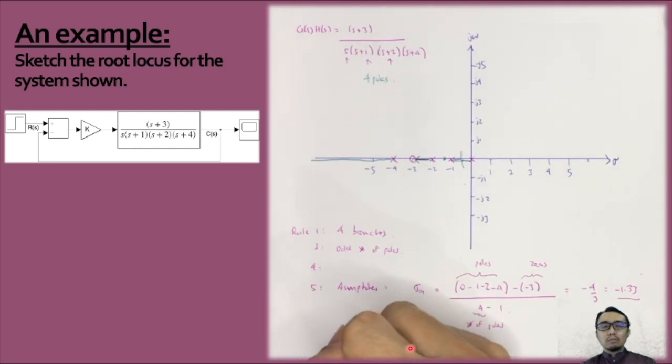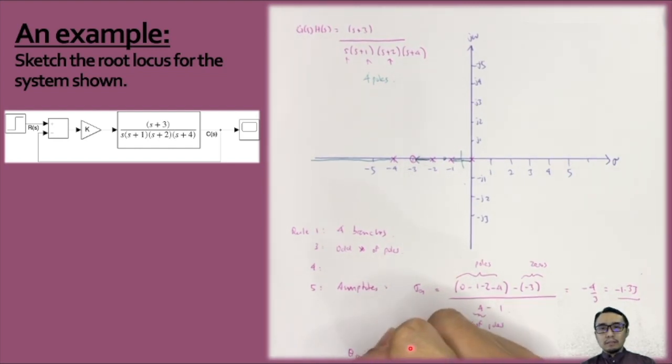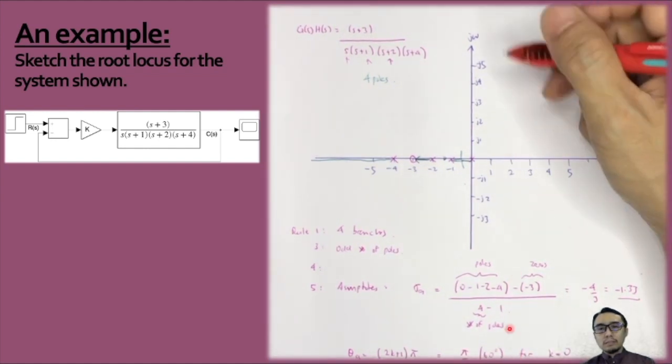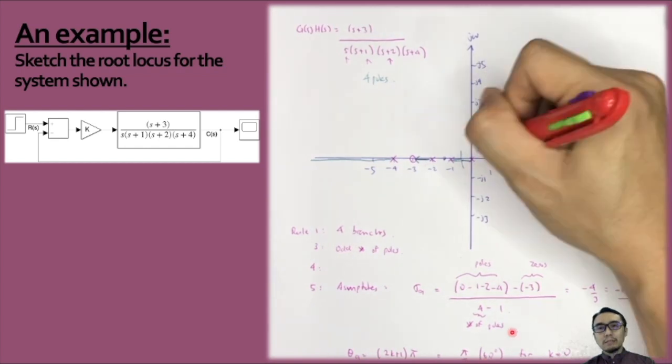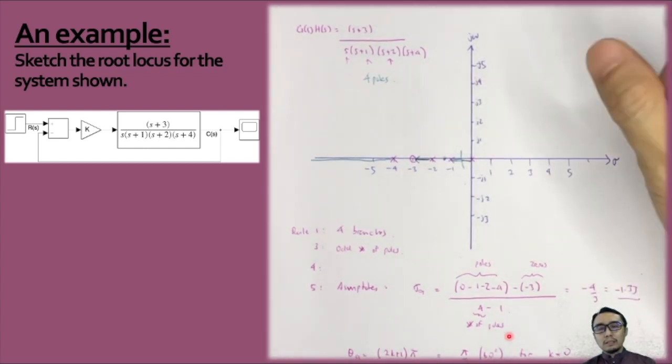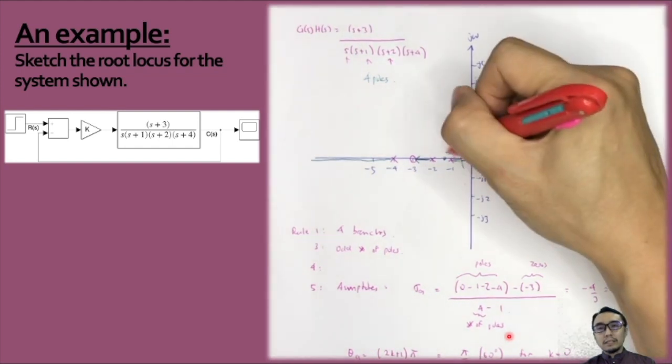And then you need to find the angle of the asymptote. If you use the equation, which cannot be seen here, the equation in the previous slide, then you will see that the angles will be, this is the first one, 60 degrees. And then the next one will be, if I'm not mistaken, 180 degrees.